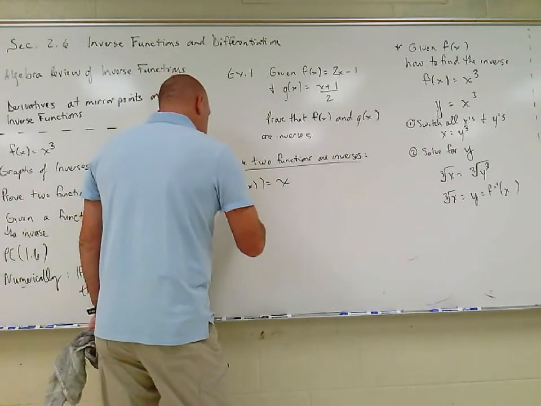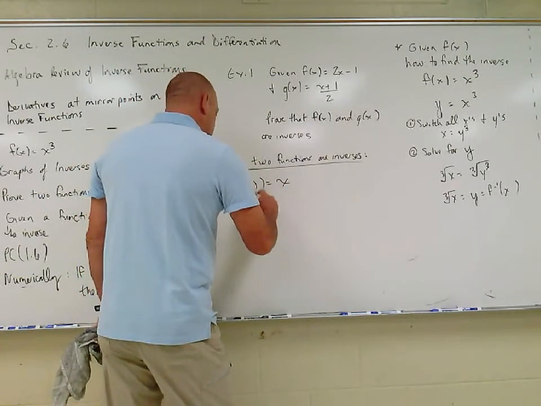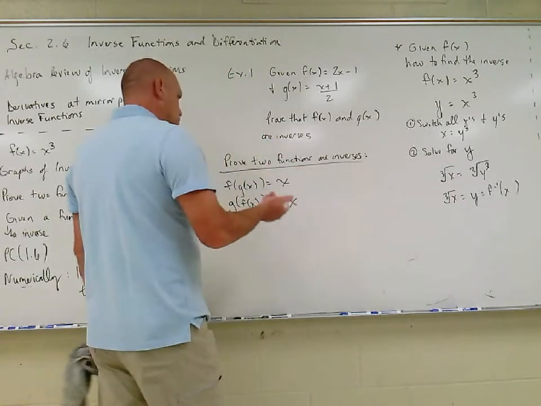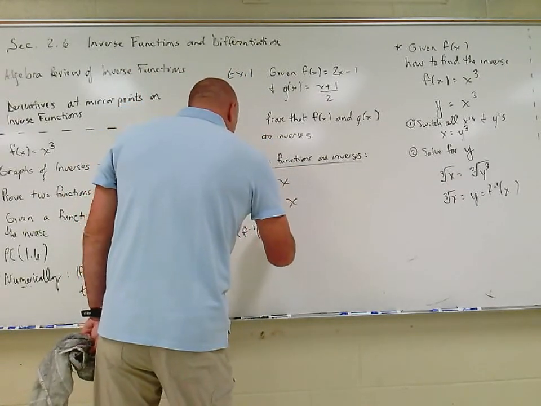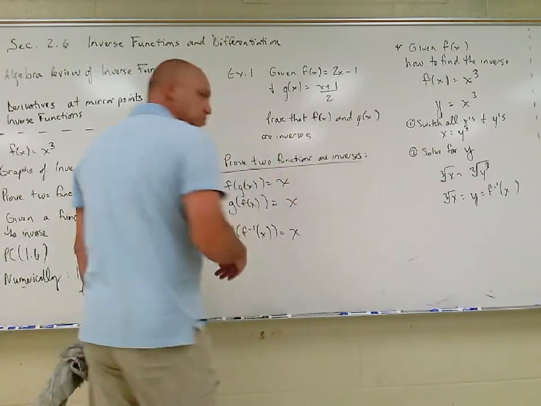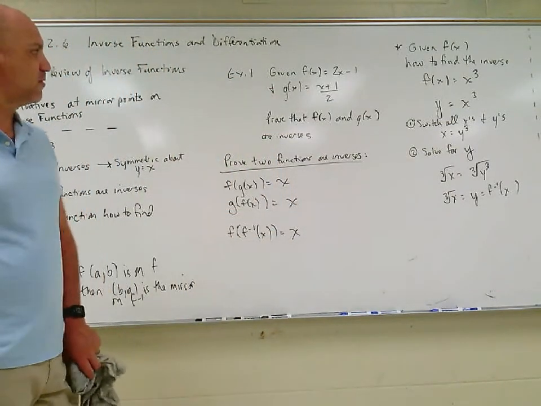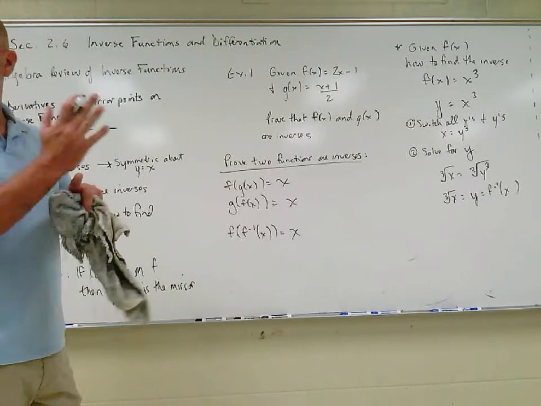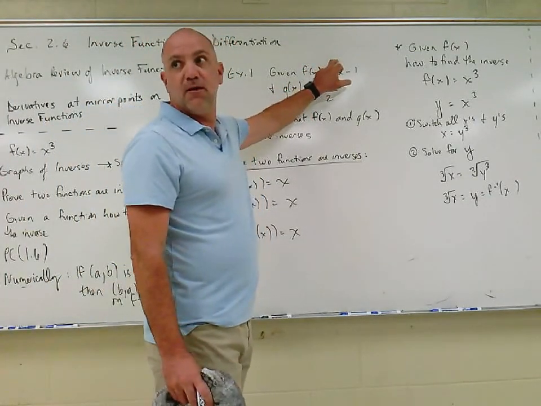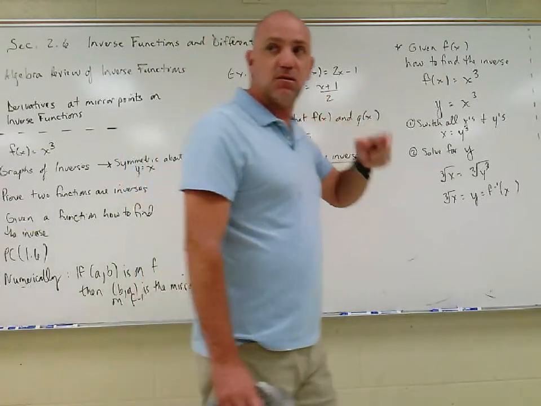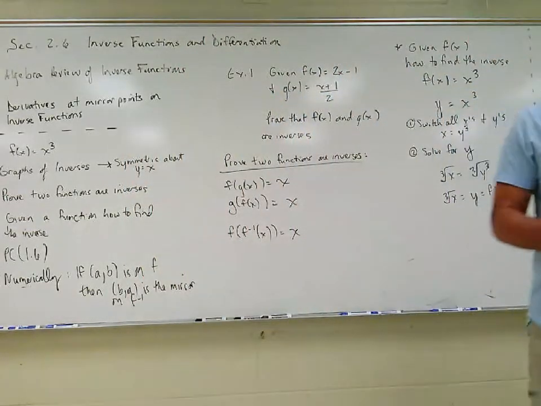Or if you do g of f of x, you will get x. So the other way I could have written this is f of f inverse of x has to equal x, or vice versa, f inverse of f of x. So do a composition, take g and plug it into f, and see if it reduces to x. If it does, then you know that they're inverses.